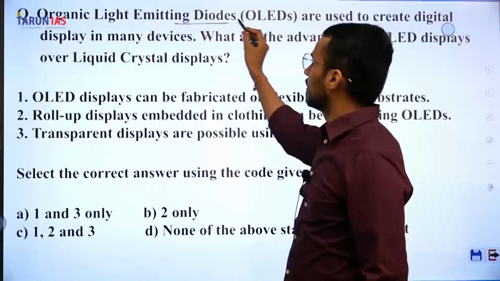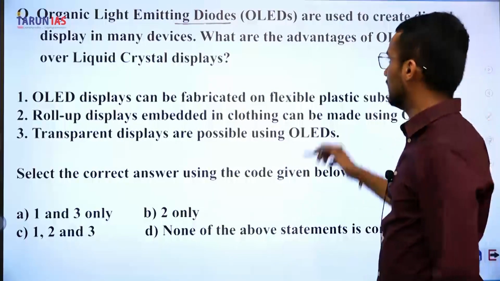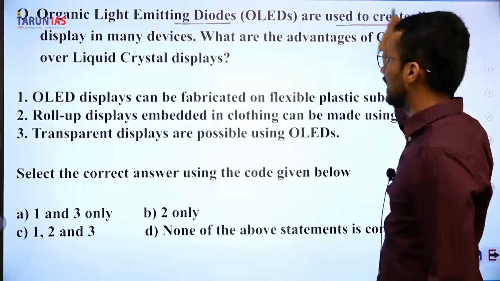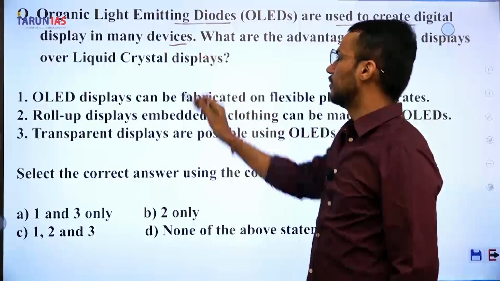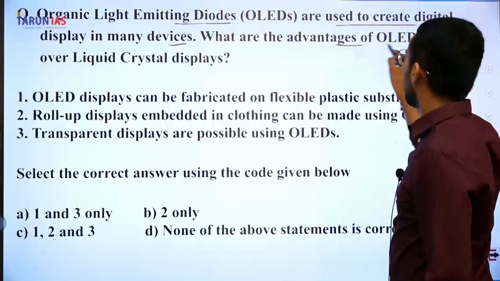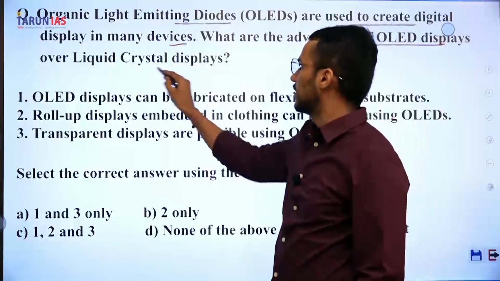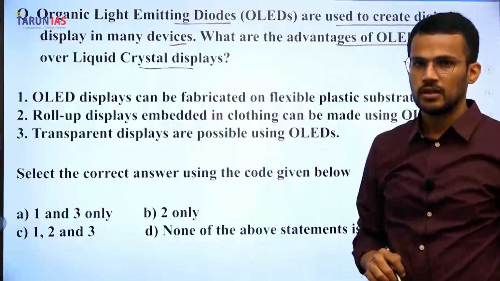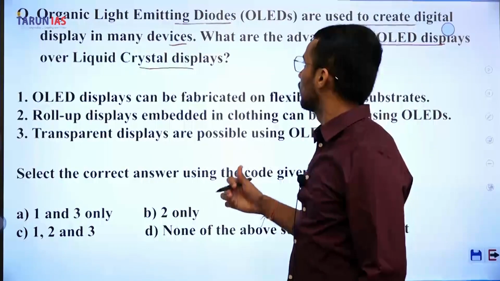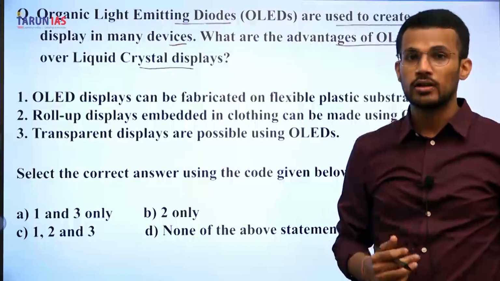Organic light emitting diodes, that means OLED, are used to create digital display in many devices. What are the advantages of OLED devices over liquid crystal displays? Fine. So what are the advantages of OLED over LCD?